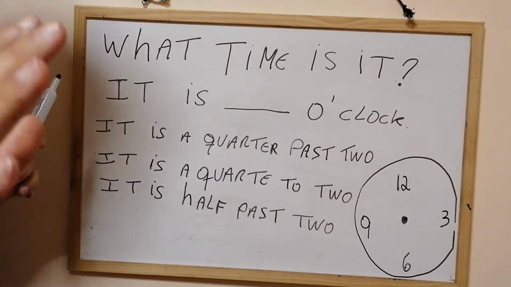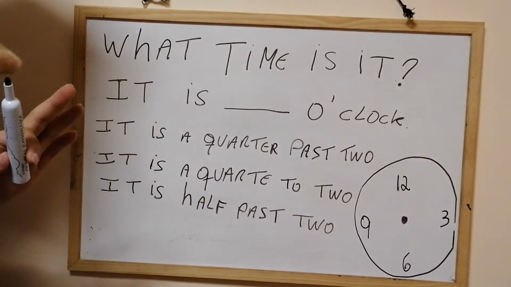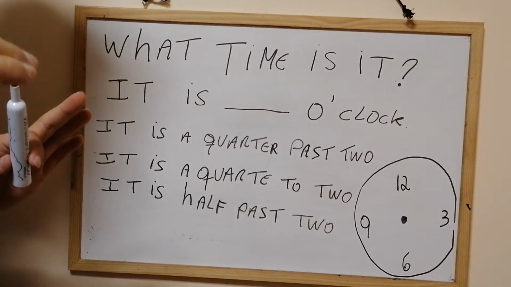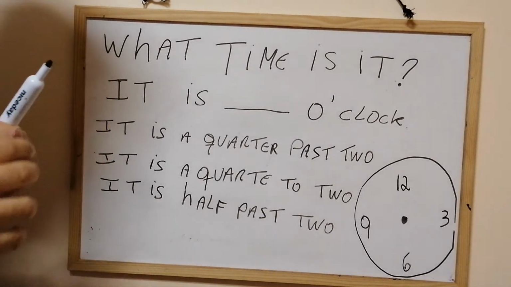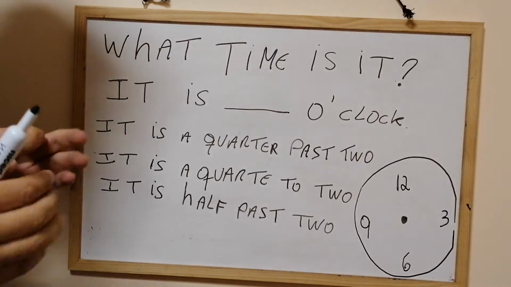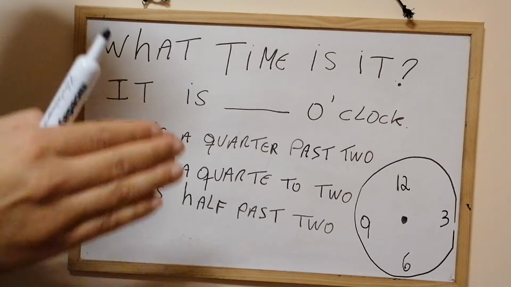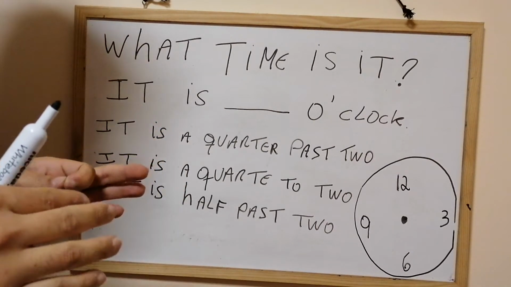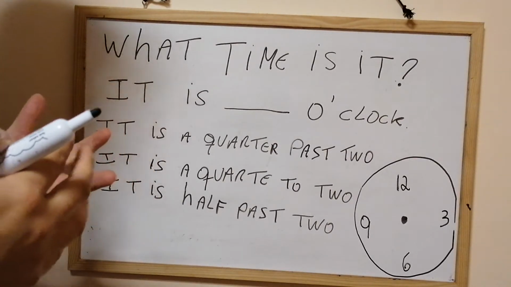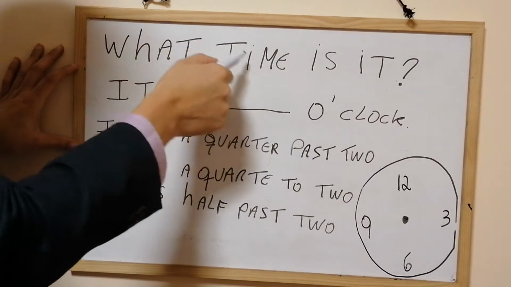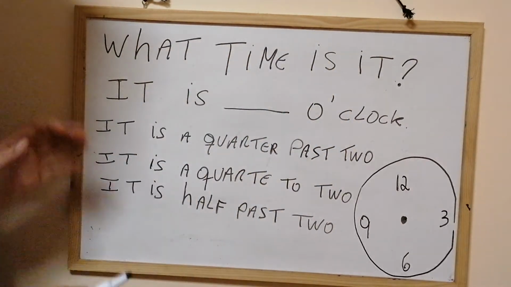You can give space when you read, because when you try to learn the language, if you're not a native speaker, you need to give space in between the words, and then people will understand what you are speaking. What time is it?